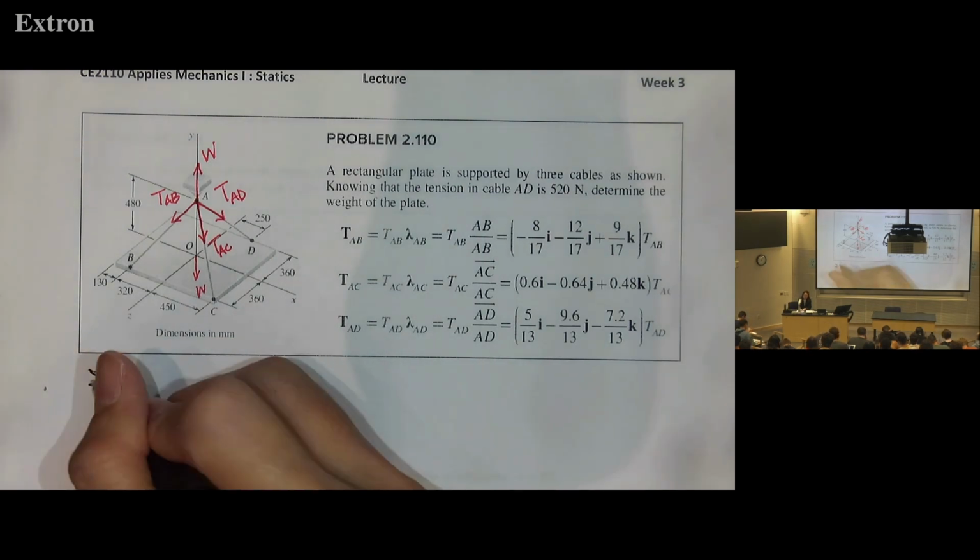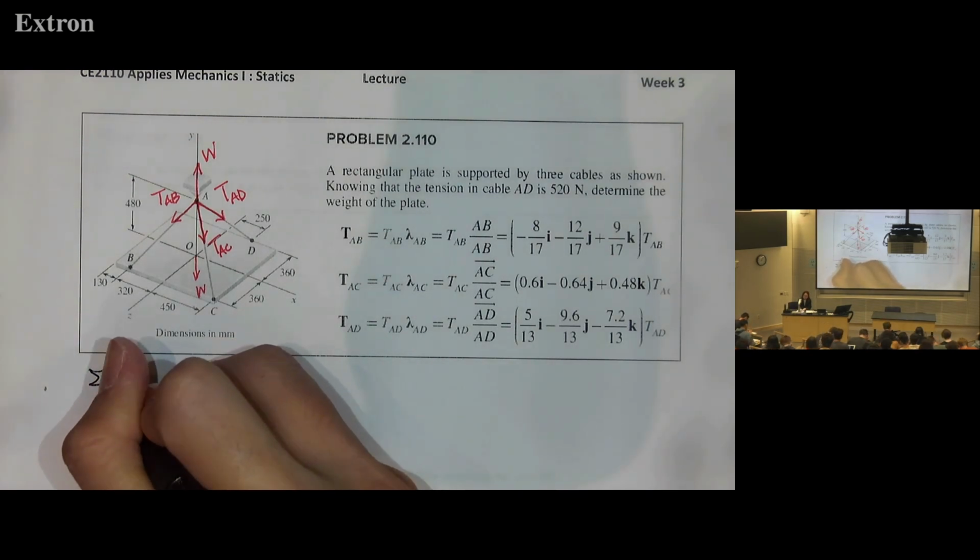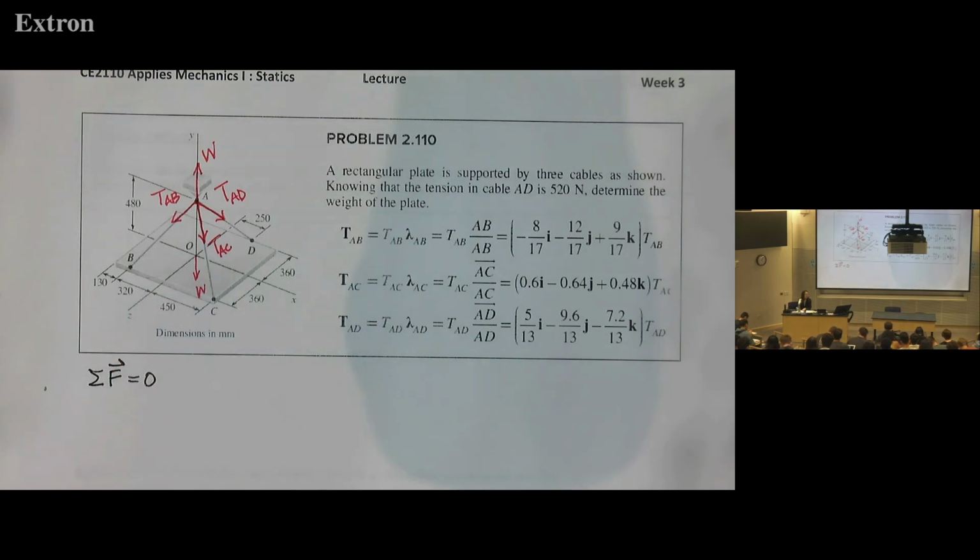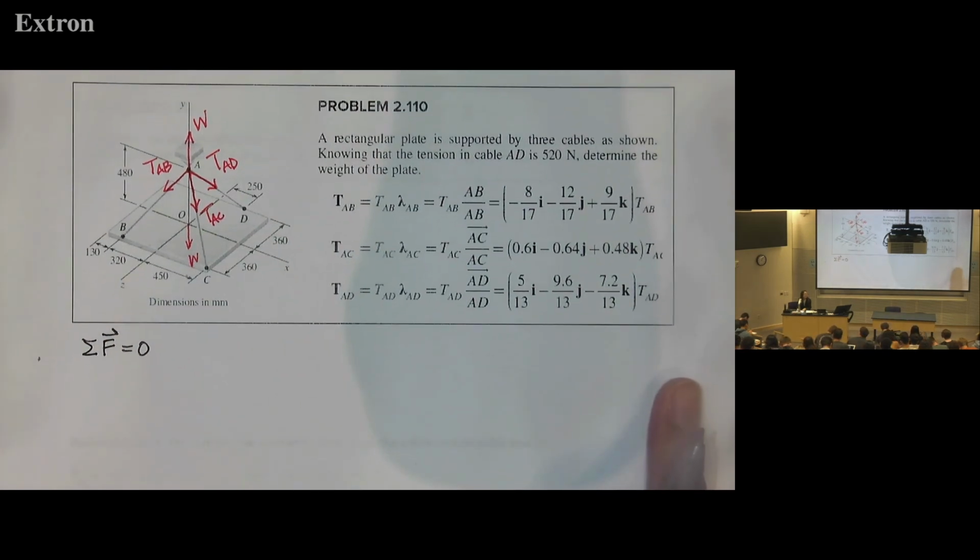So then, the 3D equilibrium equation. The summation of all forces equals 0. This is the vector equilibrium equation I showed you.